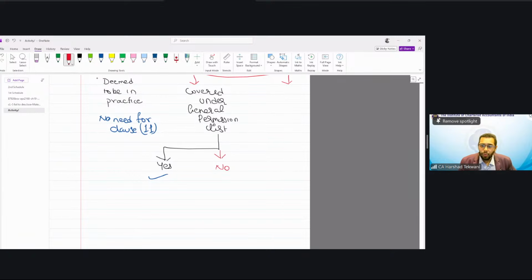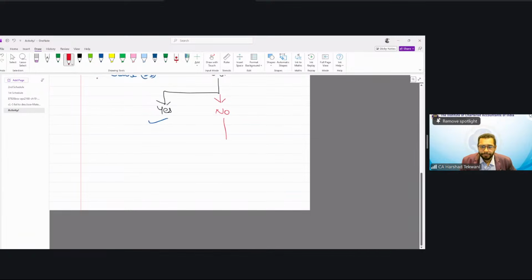in that case, I need to go again and see whether it is in a specific approval list. If the answer to this is yes, then take permission and then indulge. So take approval, or prior approval, I would say.